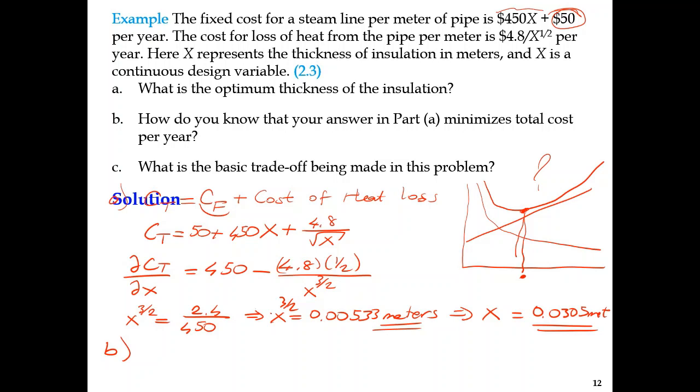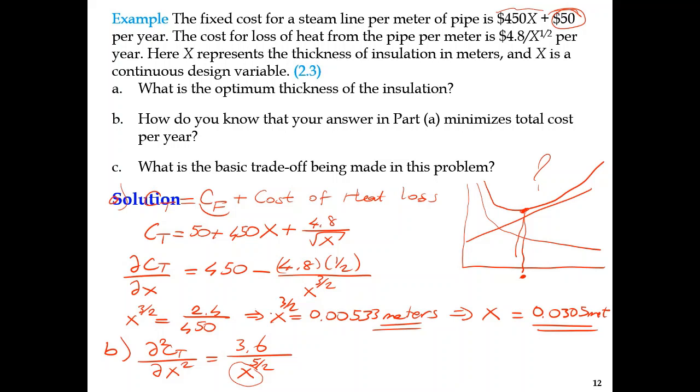So we will take the second derivative of the cost function with respect to x. And when we take the second derivative, we will obtain 3.6 divided by x to the power 5 over 2.